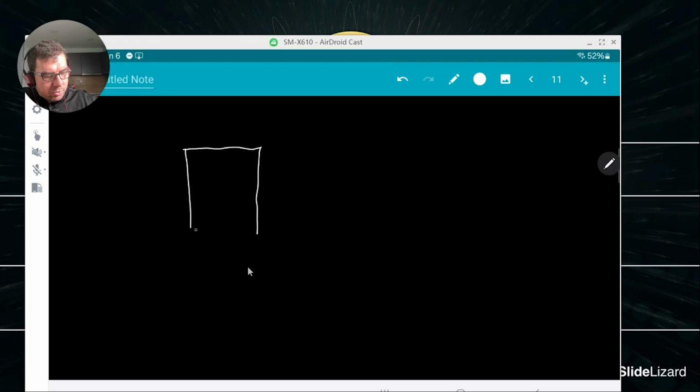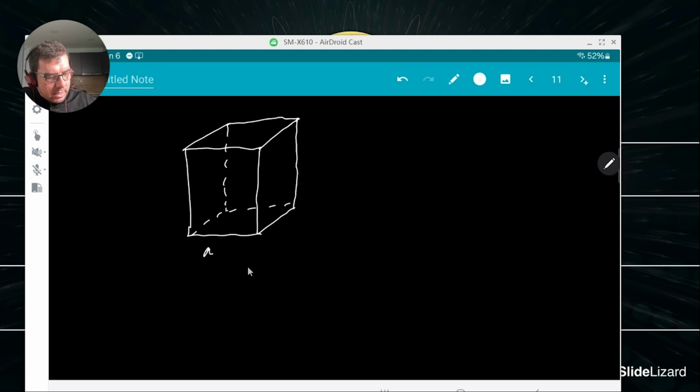Let's draw the prism. So the base edges are A equals 6, B equals 5, and the lateral area means only the sum of the area of the 4 lateral faces, right?